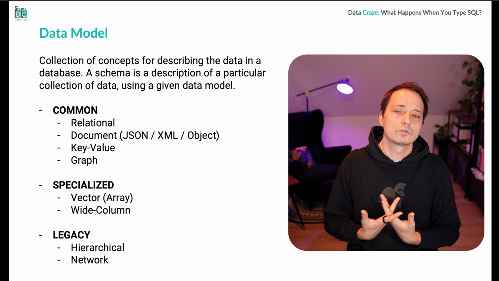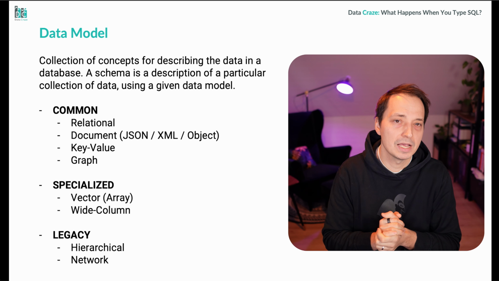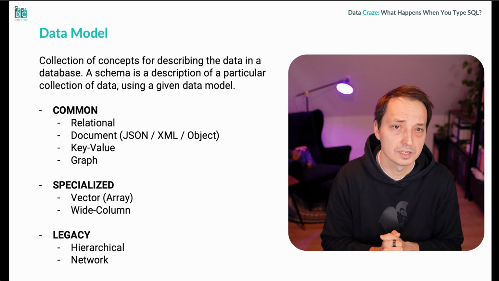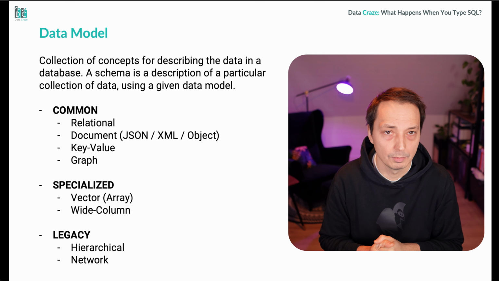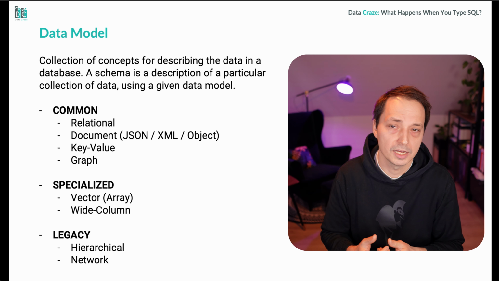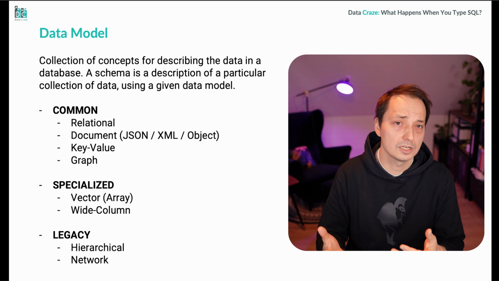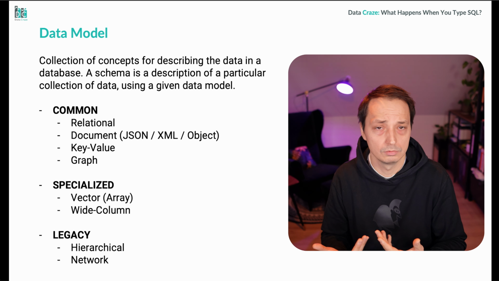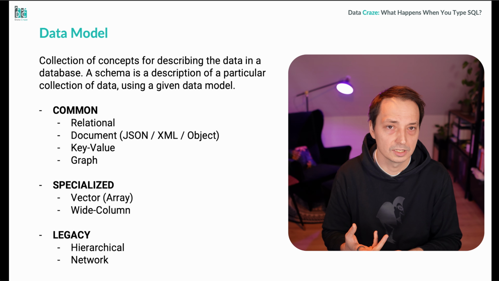So when it comes to the data models, we often have specific providers of database management systems that support exactly this particular data model. For instance, in case of general purpose databases like PostgreSQL, Oracle, MySQL, whatsoever, you can, as I showed you, keep your data in different data models, like relational, document, vector, etc., right?